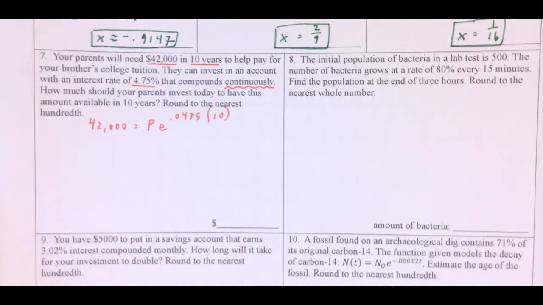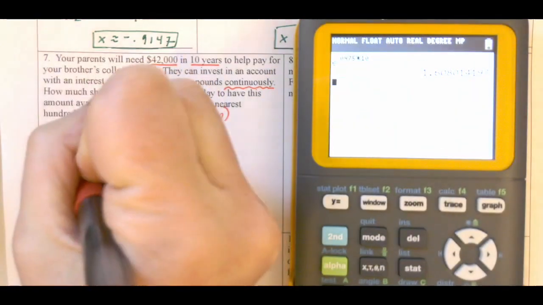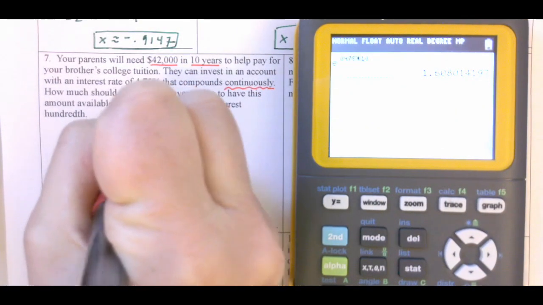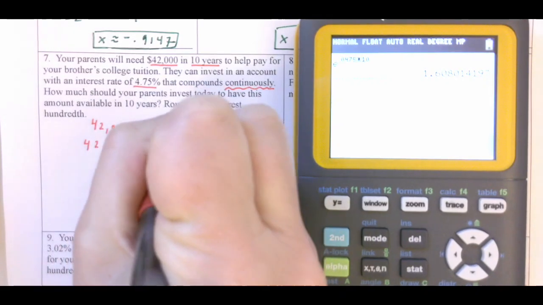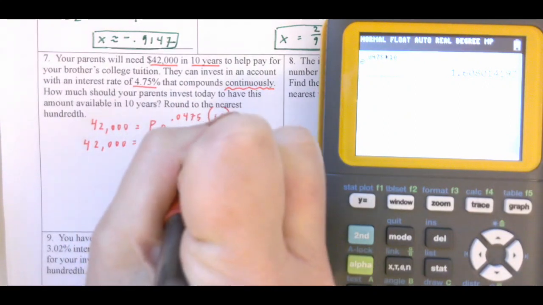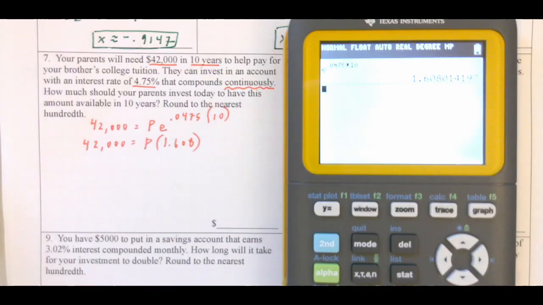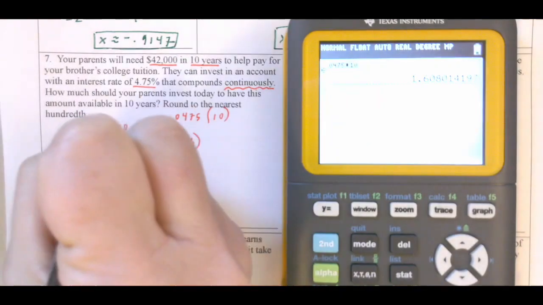So we're trying to solve for the P. So here, if I calculate e to the 0.0475 times 10 power, right? I'm going to record that to 4 spots just to keep it precise. That would be 1.608. But again, here I have it nice and precise in my calc. I see that ultimately I just have to divide that away to find my principal.